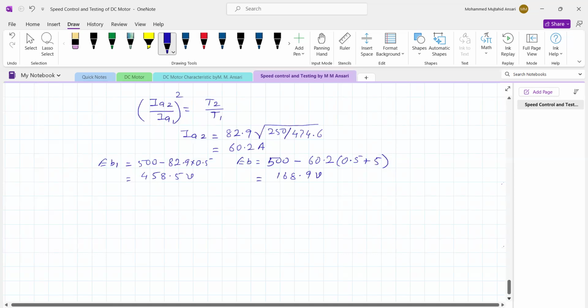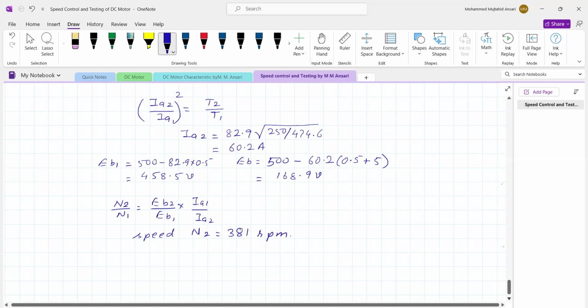So now we know the value of back EMF, we know the current, so finally we can find the speed. N2 upon N1 is equal to EB2 upon EB1 into IA1 upon IA2. Therefore, speed N2 is equal to 381 RPM.